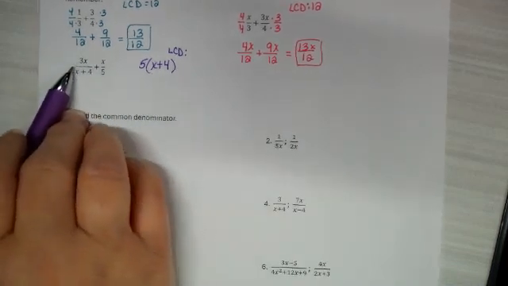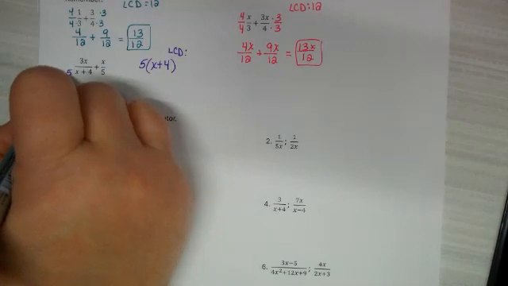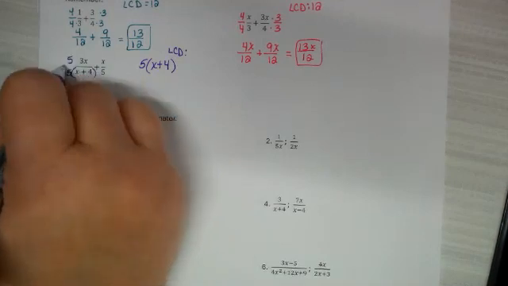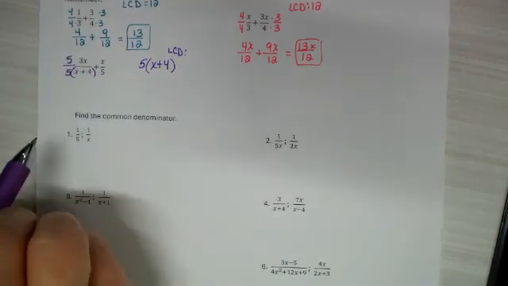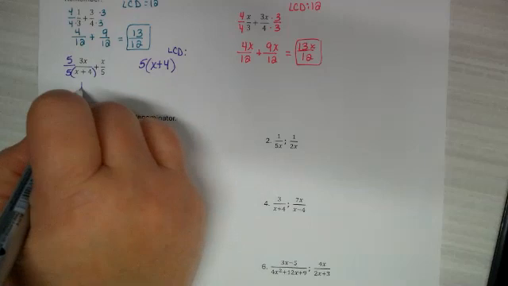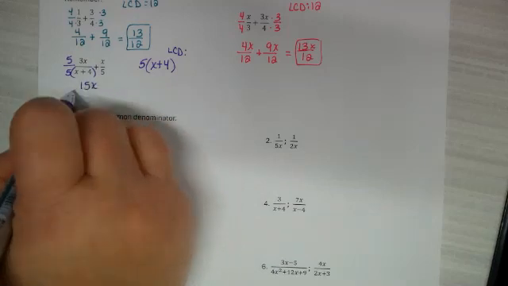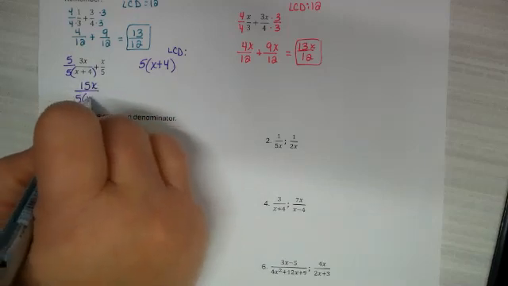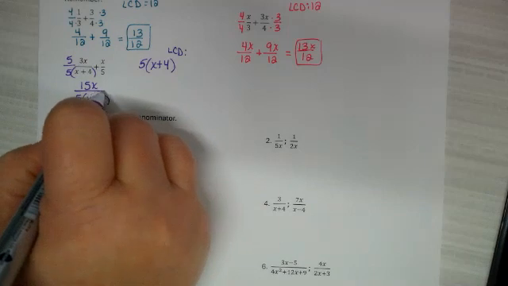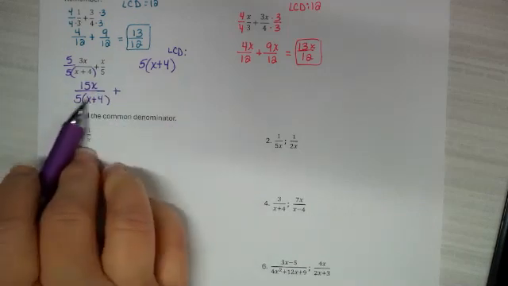So my first fraction, in order to accomplish this, needs a 5. So I multiply by 5 on the numerator and denominator, and that becomes 15x/5(x plus 4). Notice we're not going to multiply this denominator out. We're going to leave it in factored form.